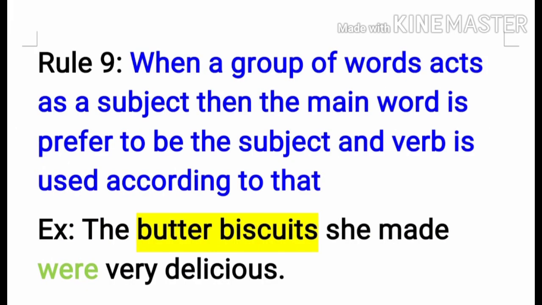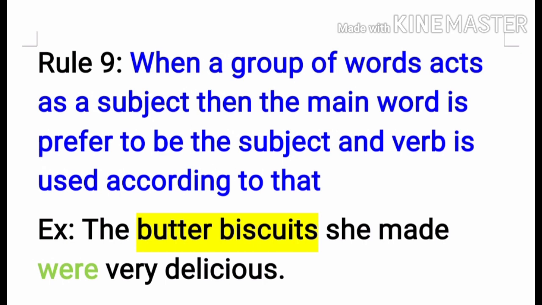Rule 9: when a group of words acts as a subject, the main word is considered the subject and the verb is used according to that. It means when there is a phrase acting as a subject in our sentence, the word which is main will act as the subject. For example, the butter biscuits she made were very delicious.